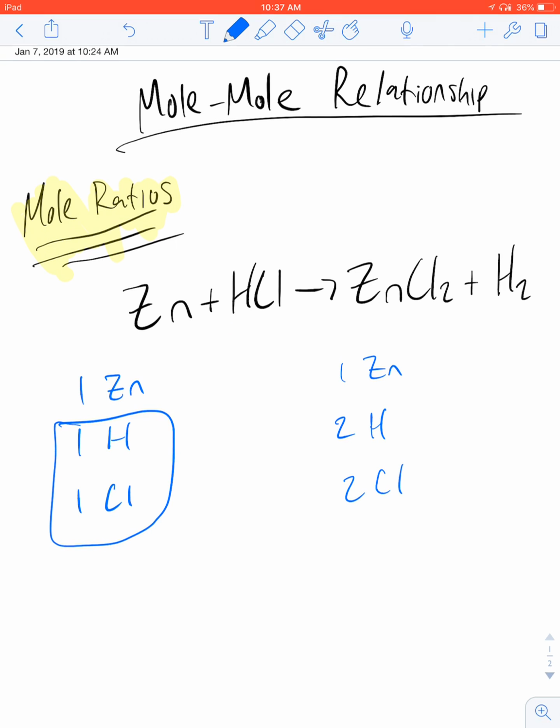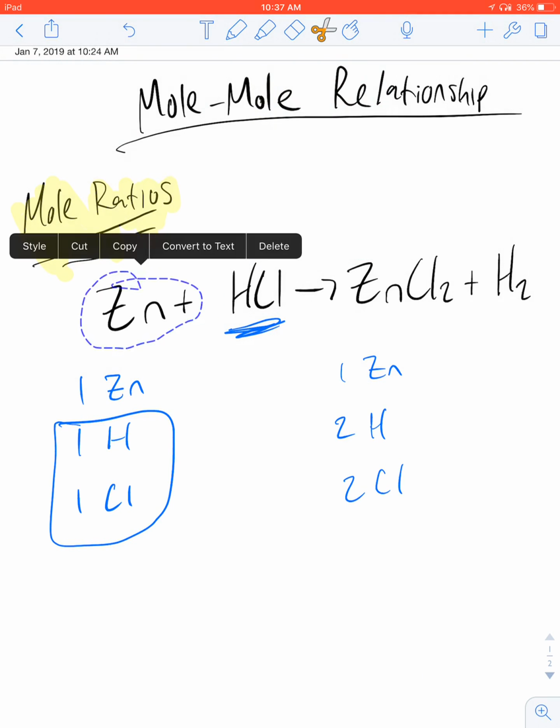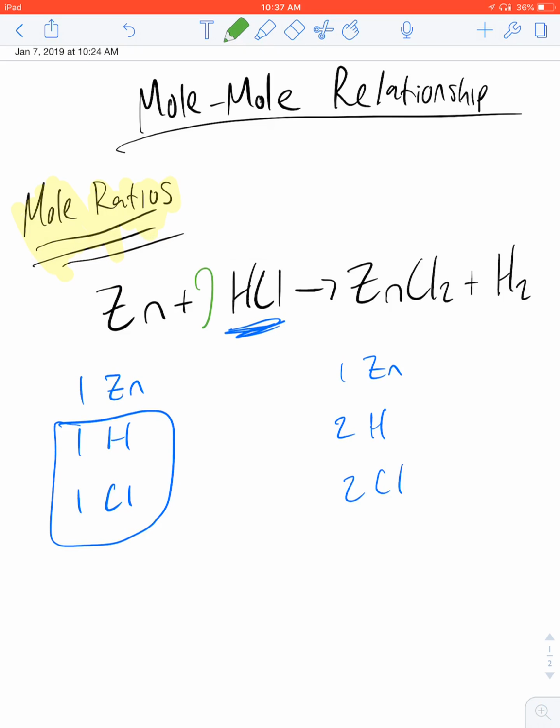Very convenient for us because they're together in HCl on the left side. So all we need to do is make a little bit of space here, put a 2 coefficient, and we have a nice and balanced chemical equation. Quick and easy. Just the way I like it. All right.